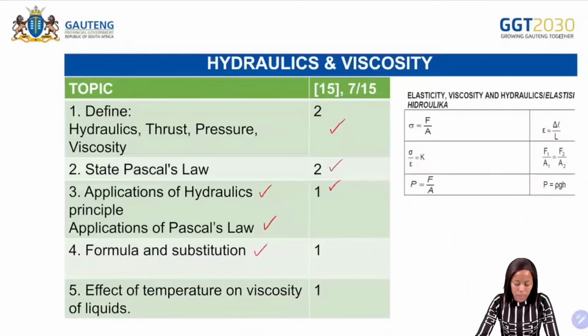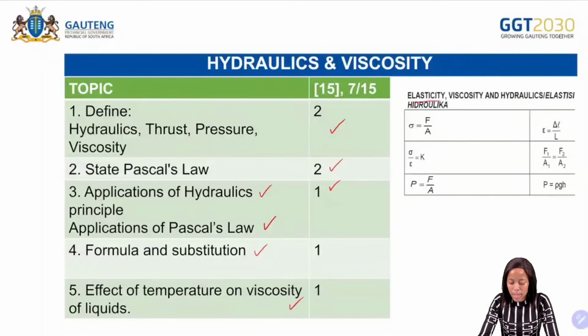And then in terms of the viscosity, the effect of temperature on the viscosity of liquids. We know the relationship between the two: they are inversely proportional. So if you have an increase in temperature, you'll have a decrease in the viscosity. Where do we find those formulas?